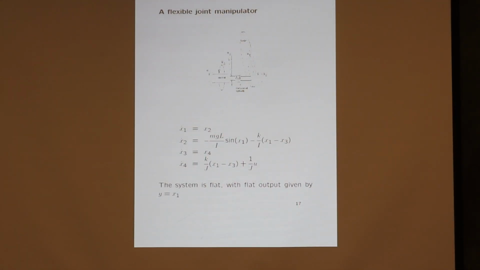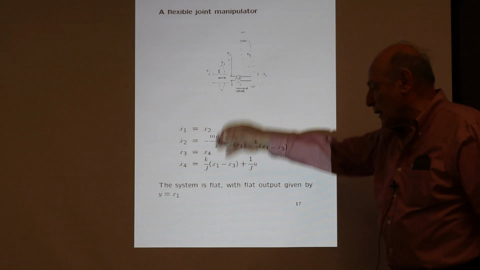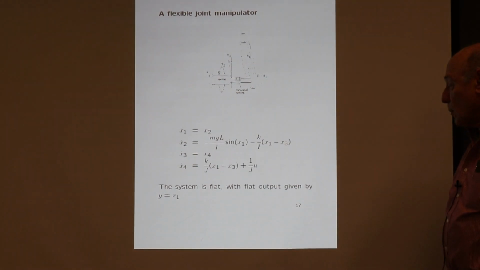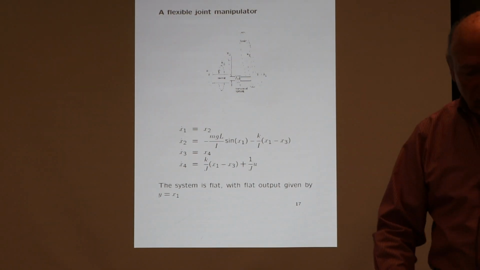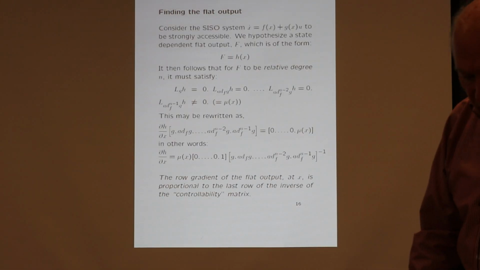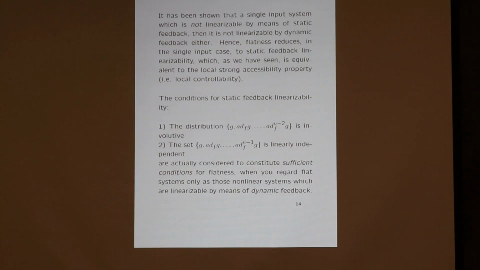Now, what would you do to find the flat output? You can do 2 ways. Either compute those distributions, but they become quite a task for systems like this and many others which are much more complicated, or you can find it by inspection. And it turns out that flatness can be always found by inspection. So the flat output, you can use those formulas if you want, and good luck with those.